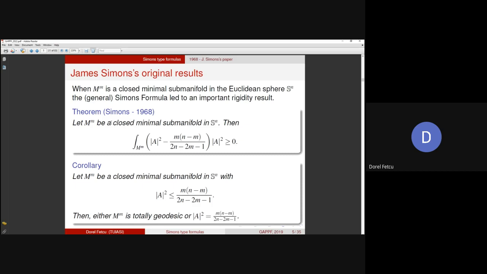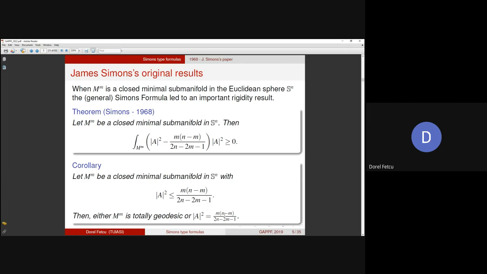So first, integrating this formula over the submanifold, we get this integral inequality, and then as a direct consequence, one obtained this corollary saying that if M is a closed minimal submanifold in the Euclidean sphere, with the squared norm of the second fundamental form satisfying this inequality, where in the right hand side we have a constant depending only on the dimension of the submanifold and the dimension of the ambient space, then either M is a totally geodesic submanifold or the squared norm of the second fundamental form is actually equal to this constant.